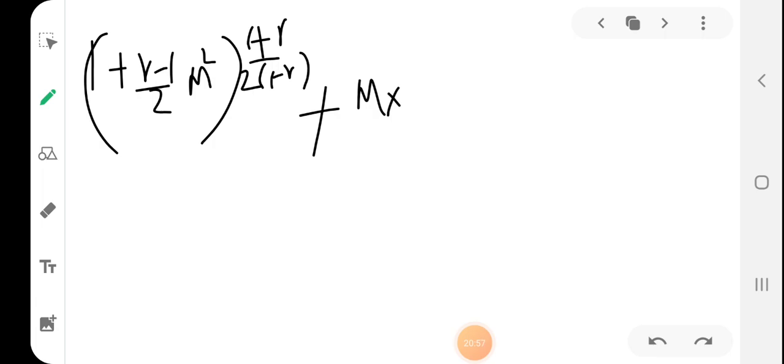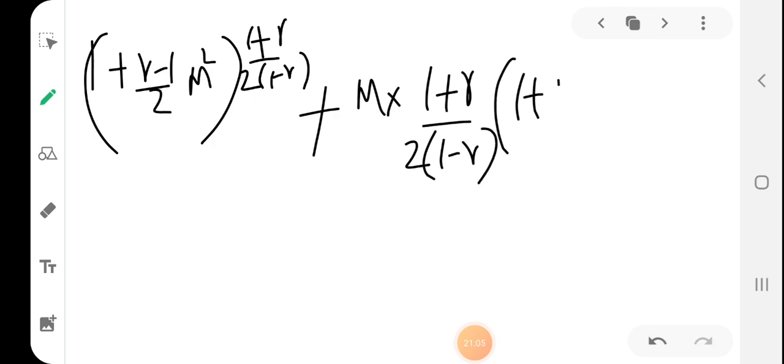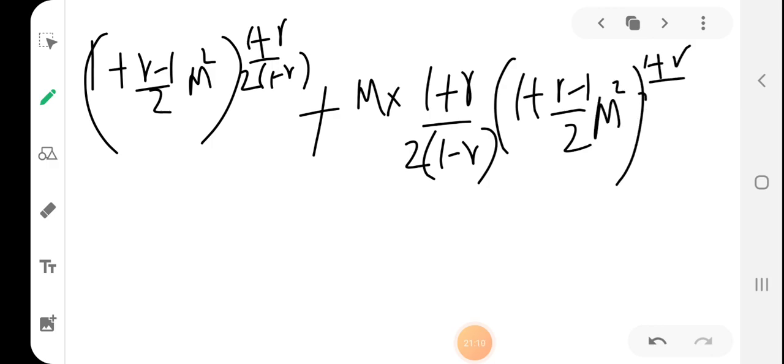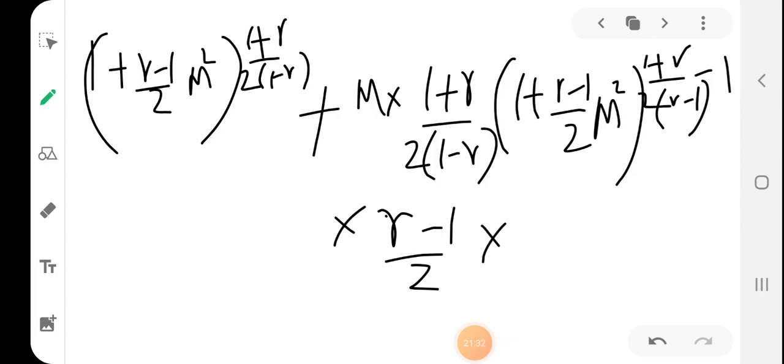So M into 1 plus gamma by 2 into 1 minus gamma into 1 plus gamma minus 1 by 2 Mach square raised to 1 plus gamma by 2 into 1 minus gamma minus 1, into, again we have to differentiate M square also. So we have to apply the chain rule. Gamma minus 1 by 2 into M square, you will get 2M. So it will be equal to 0.